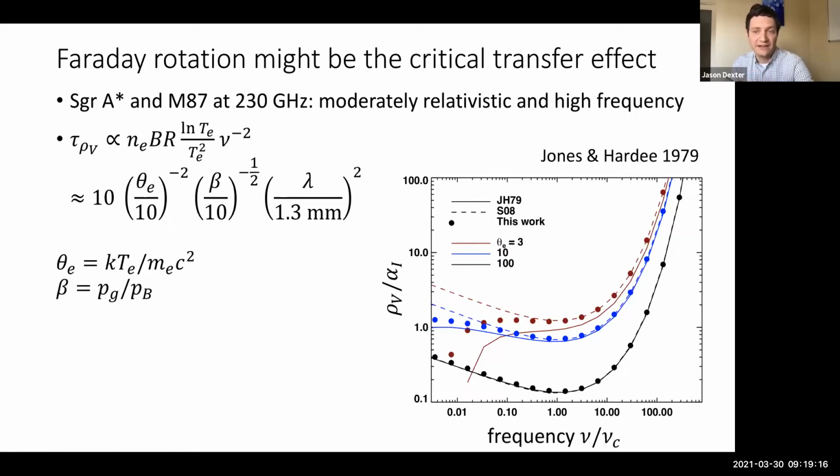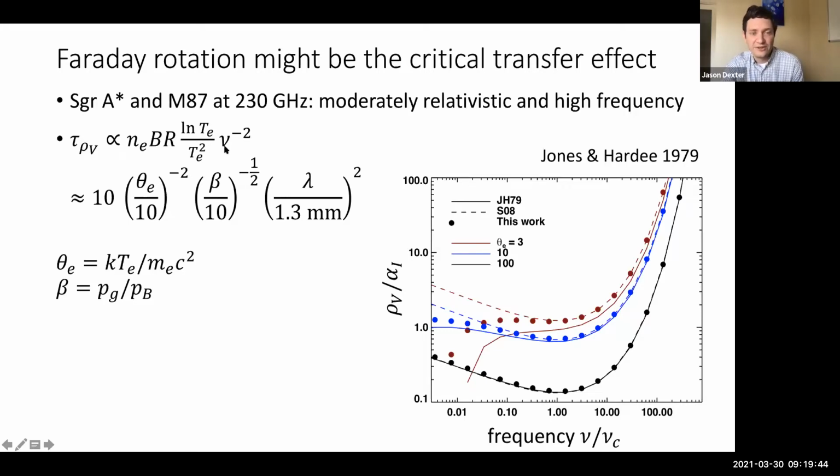we're going to find, which is that in theoretical models of both the galactic center black hole, Sagittarius A star, and M87 at 230 gigahertz, we tend to be in a regime where these Faraday effects are kind of important. And so one way to write this is that our Faraday depth over here is proportional to the density, the magnetic field strength, and the size of the emitting region.